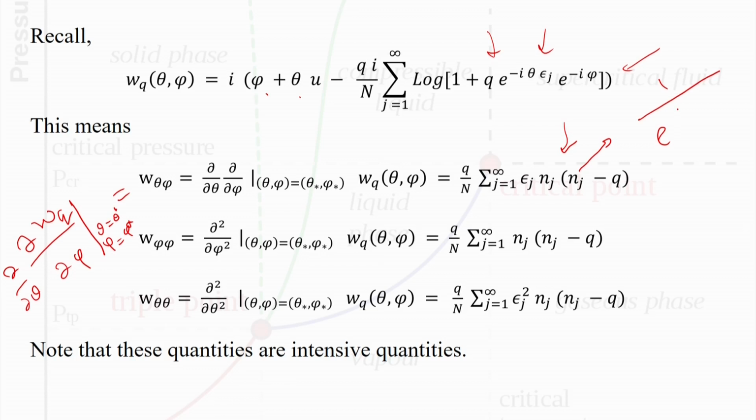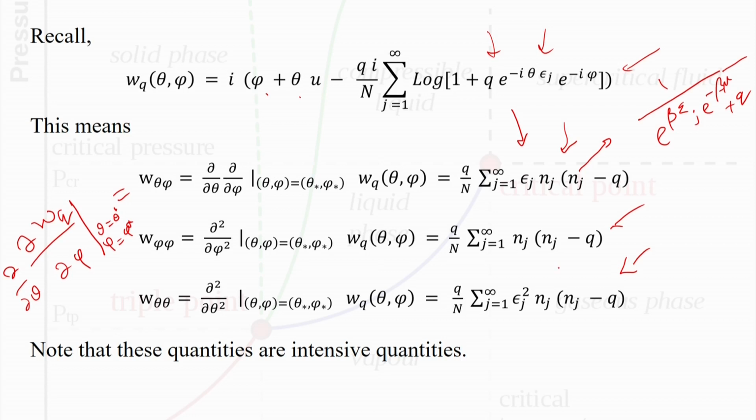So Nj is the average number of quantum particles in energy level Ej, and that has a mathematical expression of this sort. I'm just recollecting. So the bottom line is that W theta phi has this expression, W phi phi has this expression, and W theta theta has this expression.